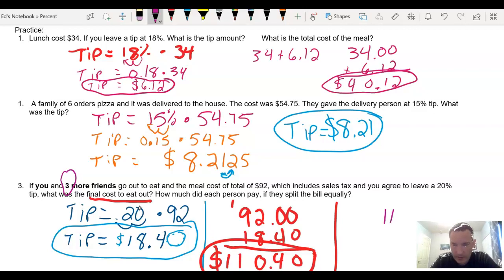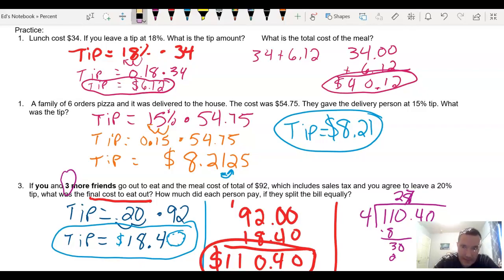So it's $110.40 divided by 4. You get to use your calculator. Sorry, that's a 7. I got to fix that. That's not good. This is why you get to use your calculator.